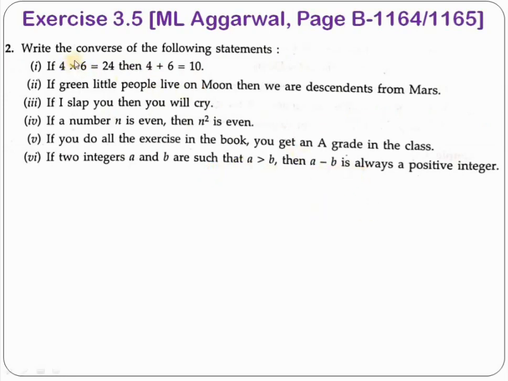So let us try to understand this using some problems. So let me take question number 2 from exercise 3.5. The question says, find the converse of the following statements. So basically here your job is going to be first identify P and Q. So we have a conditional statement, if P then Q. So if P, this becomes your P here, then Q. So if P then Q can be written as P implies Q, right?